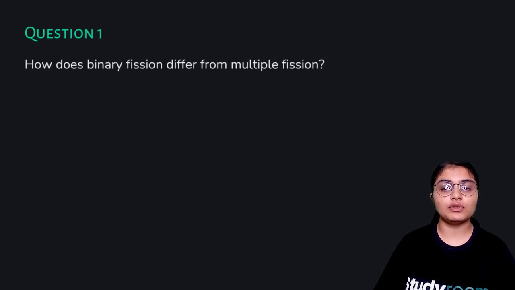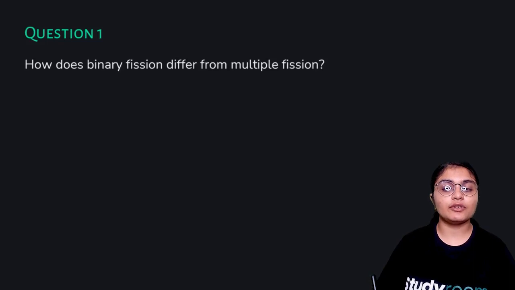So when there are two or more organisms, then we have multiple fission. In binary fission, a cyst or thick layer is not formed around the cell, but in multiple fission, a cyst or a thick layer is formed around the parent cell, right? And binary fission takes place in favorable conditions, but multiple fission takes place in unfavorable conditions.